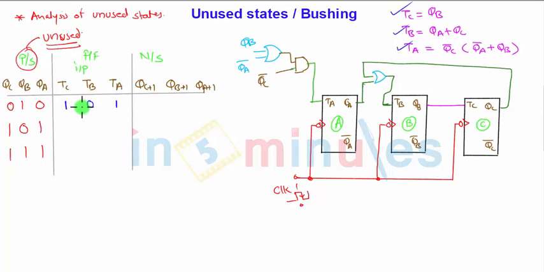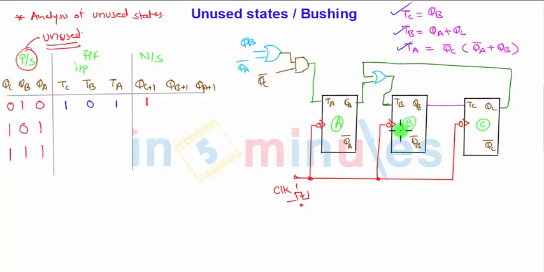Now depending on these conditions, TC, TB, TA, these are the toggle flip-flops. TC means the C flip-flop, which is in toggle mode, so it will toggle the C bit. Whatever the present state QC is, 0, that will be toggled and the next state will be 1. Why? Because 0 toggles to 1. Now let us see the TB part.